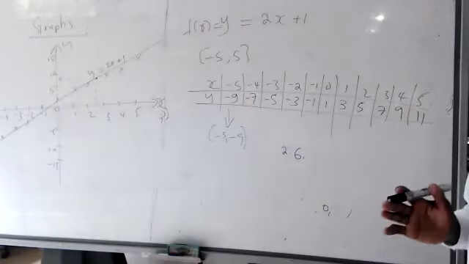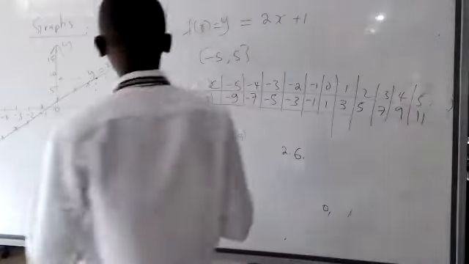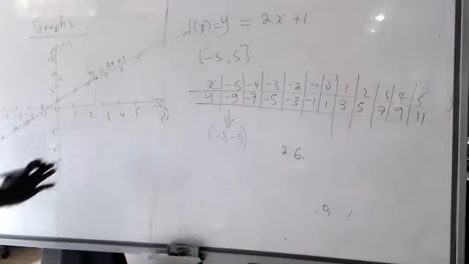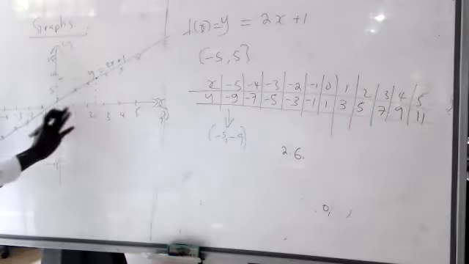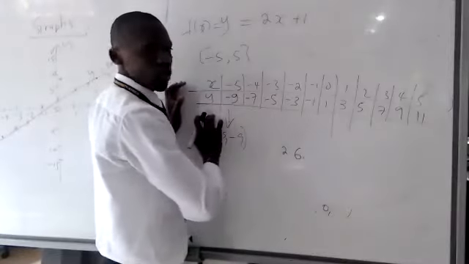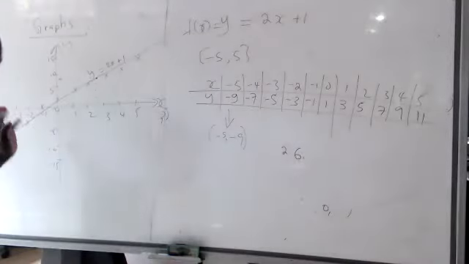So there are different ways you'll be given graphs. You can be given a graph as ordered pairs, or as a picture like this, or in table form like this, x coordinates and y coordinates. All of these are graphs in mathematics.